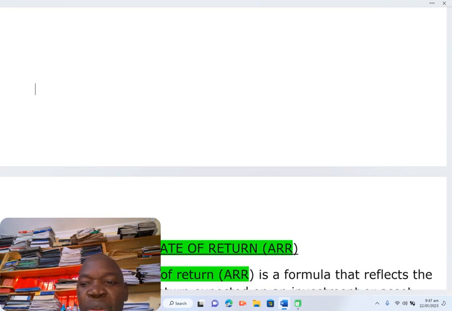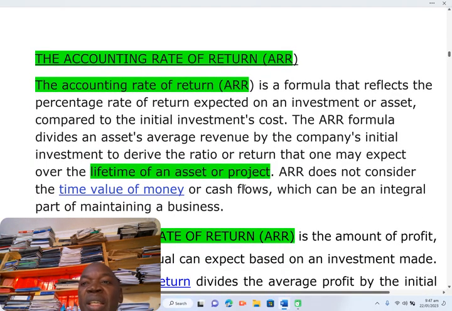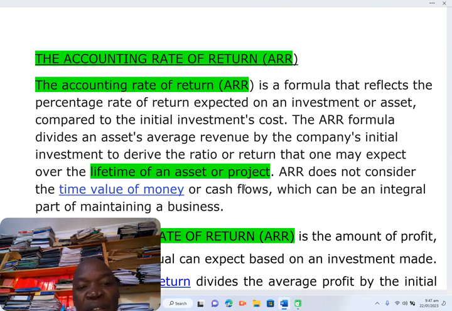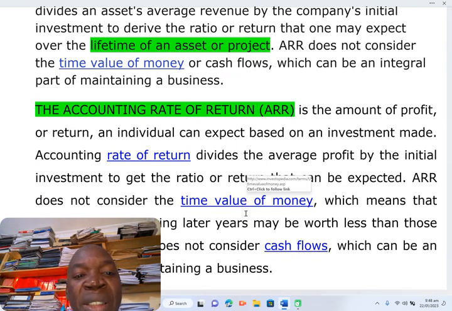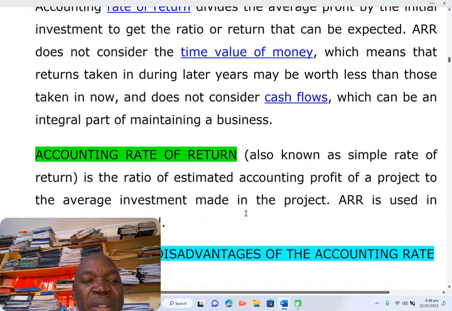Accounting rate of return is a formula that reflects the percentage rate of return expected on an investment or asset compared with the initial investment cost. The formula divides the asset's average revenue by the company's initial investment. In other words, accounting return is the amount of profit or return that you divide by the asset or investment.